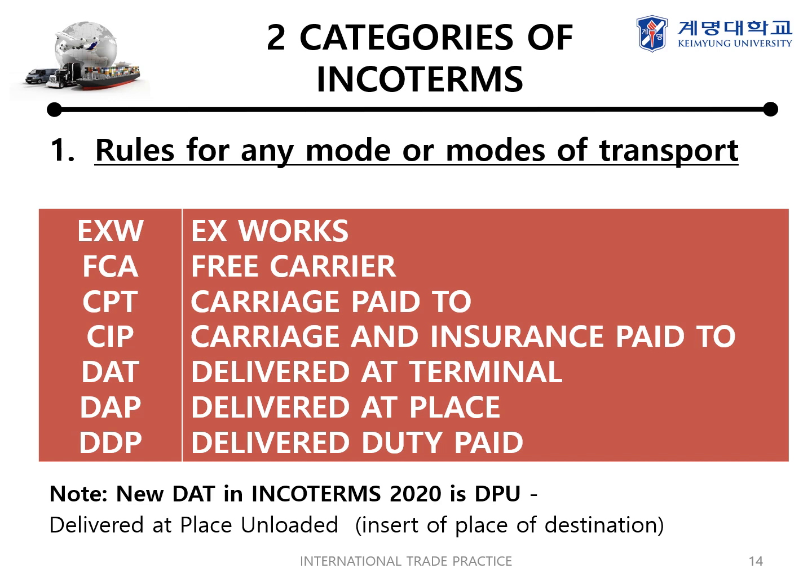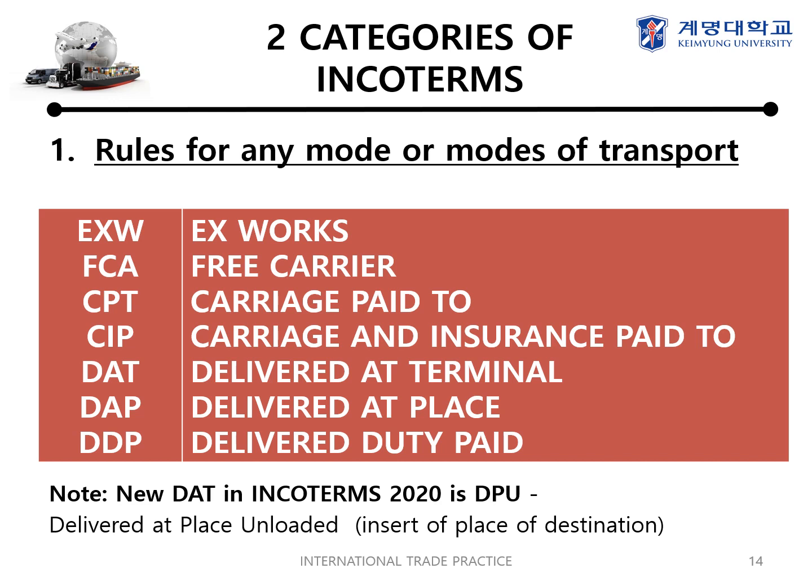For any mode of transport, we have seven, and these are EXW or Ex Works or ex warehouse, FCA stands for free carrier, CPT, carriage paid to, CIP, carriage and insurance paid to, DAT, delivered at terminal, DAP, delivered at place, DDP, delivered duty paid.